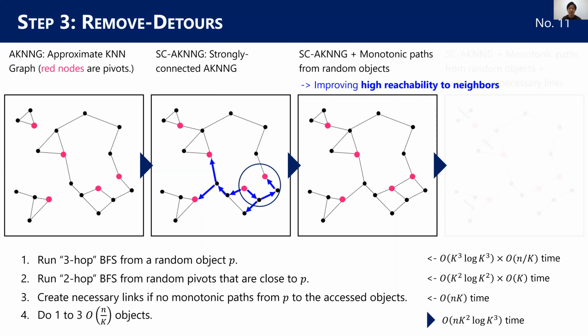In the middle figure, we can see that this pivot has no monotonic path to the right pivot. So this link is generated. We repeat these operations for each randomly picked object.